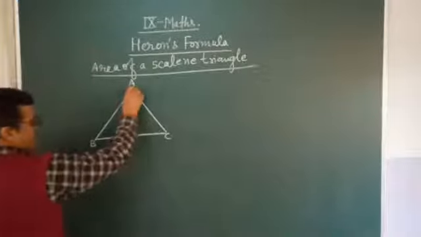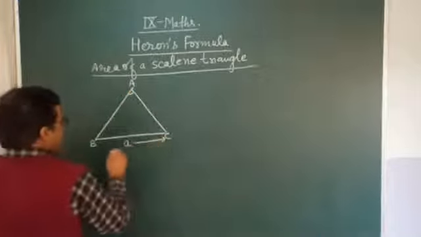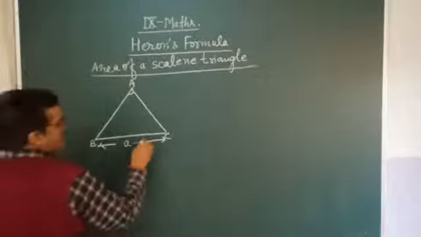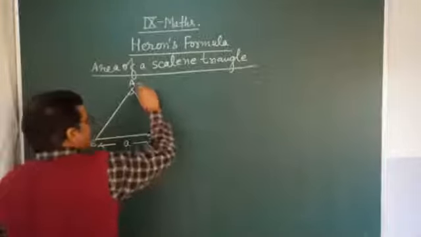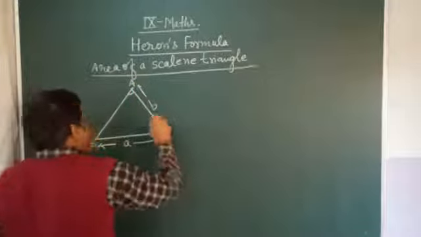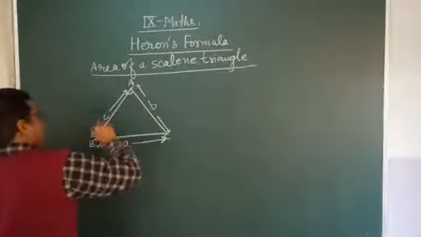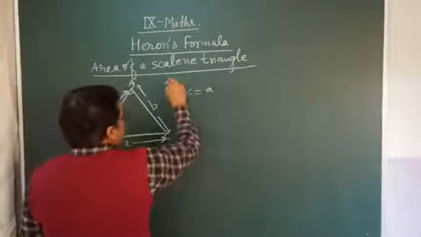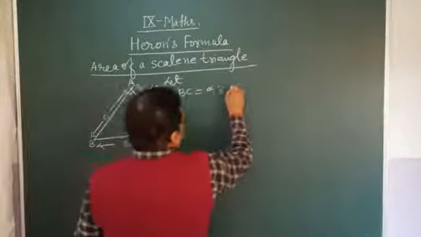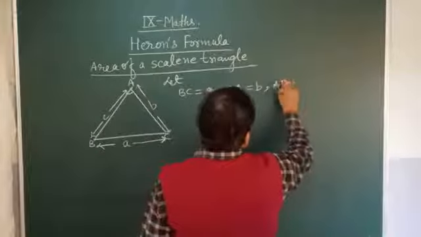The side opposite to angle A, BC side, we suppose as small a, CA side as small b, and AB side as small c. We mention here BC is equal to a, CA is equal to b, and AB is equal to c.